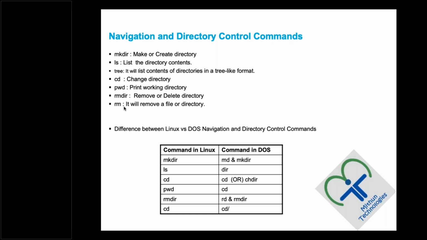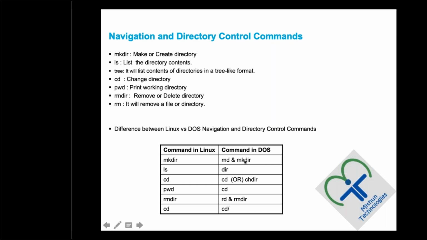So all are basics. One more thing, if you see here, I have created one table, command in Linux and command in DOS. DOS means Disk Operating System, your Windows machine. So just open the command prompt in your Windows machine and you can execute these commands. You can also connect to the Linux server and execute these commands. The equivalent of the Linux mkdir command in DOS is the md command or mkdir.